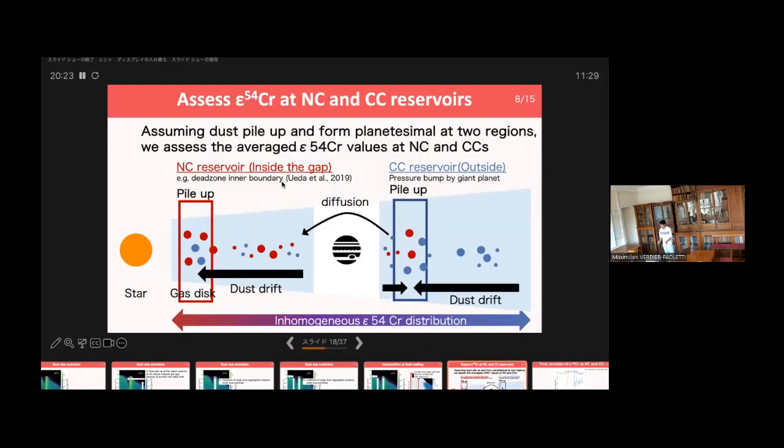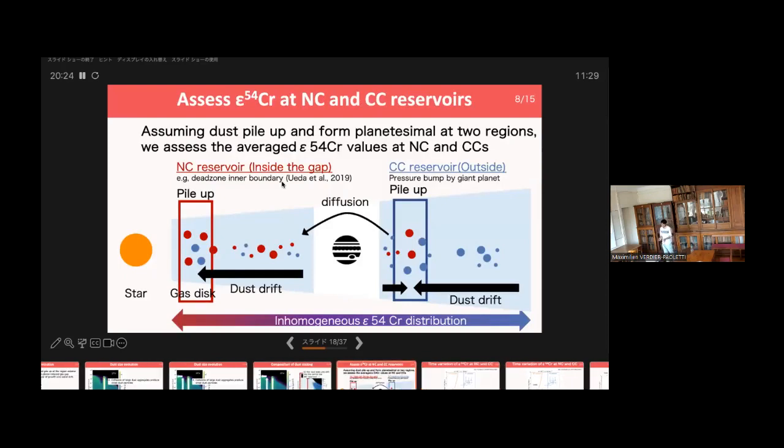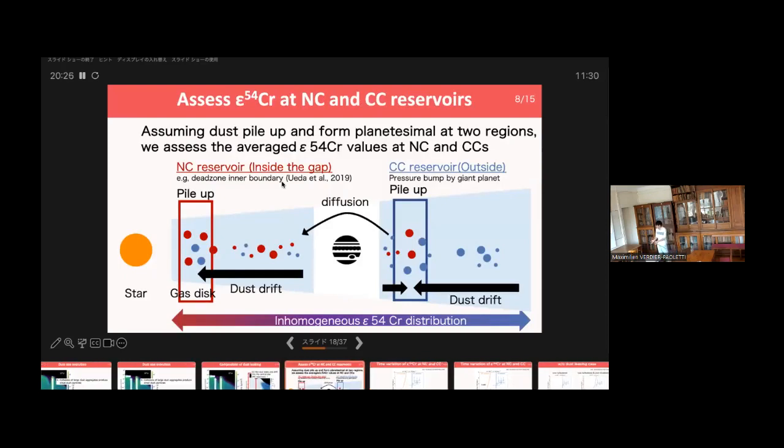But in this calculation, we do not have any mechanism to form the accumulation of dust particles at the inner region. But in reality, there is a location to accumulate dust particles, like the inner boundary or something.